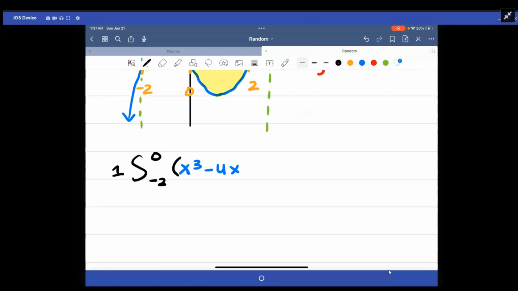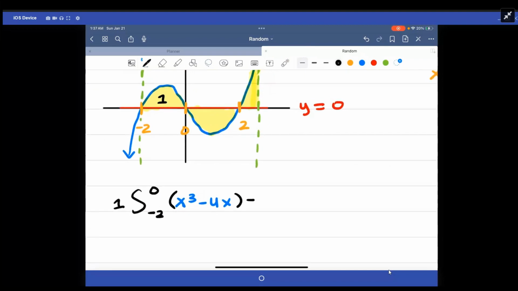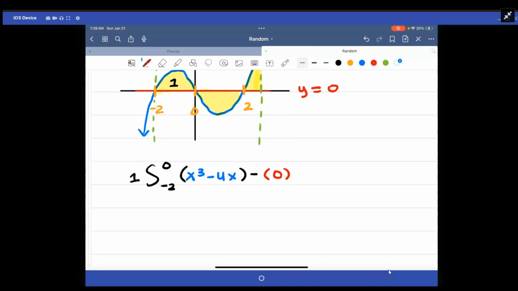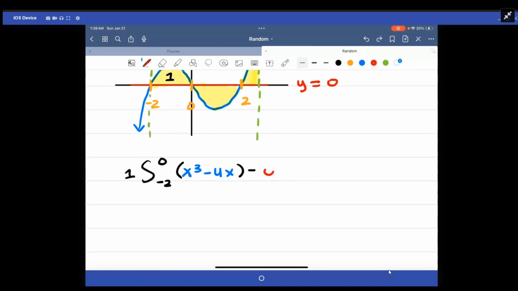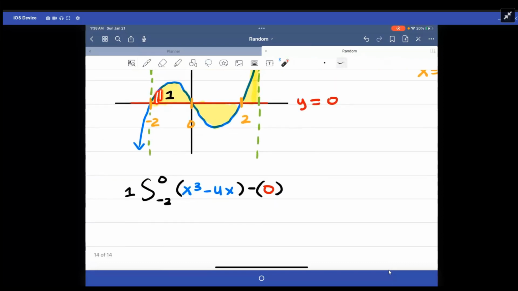And then we're subtracting, remember top minus bottom, the second equation, which is y equals 0. So in this case, it's just 0. And then remember these little lines that we're creating change by dx, so we're going to put dx on the outside.